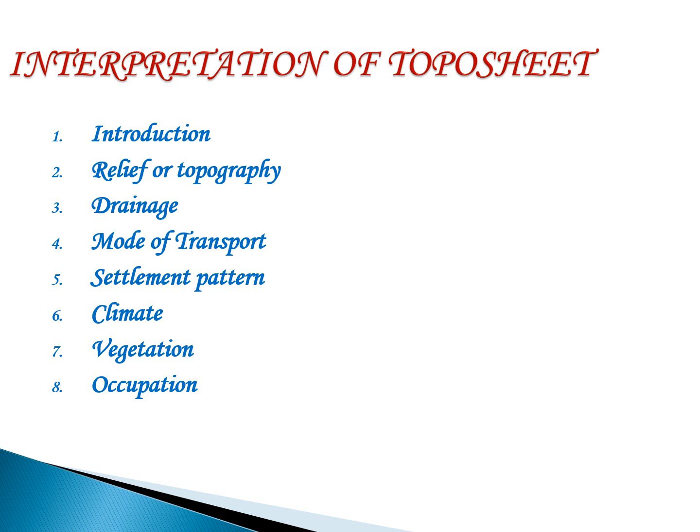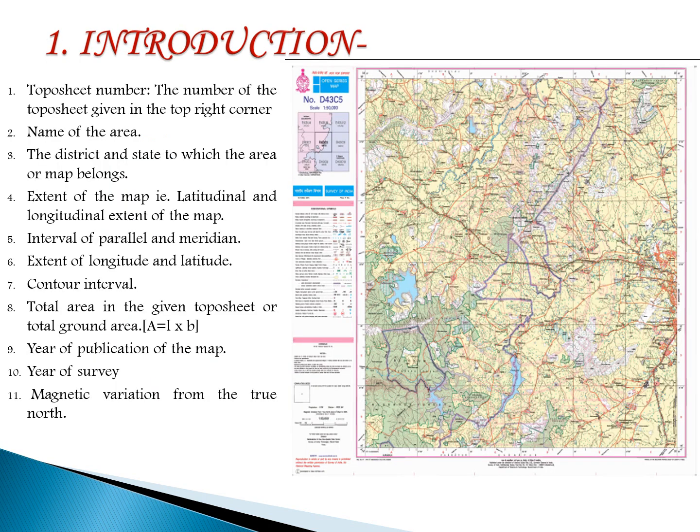So you have to write the introduction, relief or topography, drainage, mode of transport, settlement pattern, climate, vegetation and occupation in that particular area. So we'll see one by one what to write in the exam, how a topo sheet is being interpreted. So first comes the introduction.